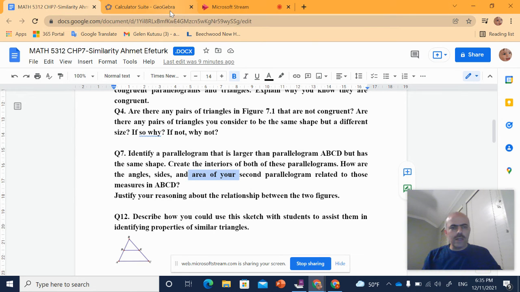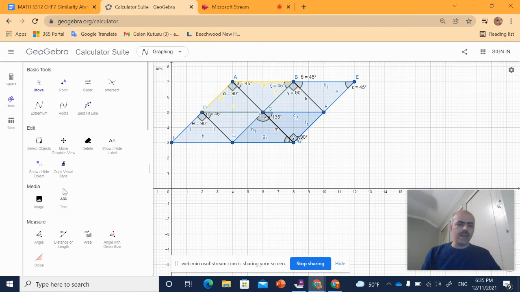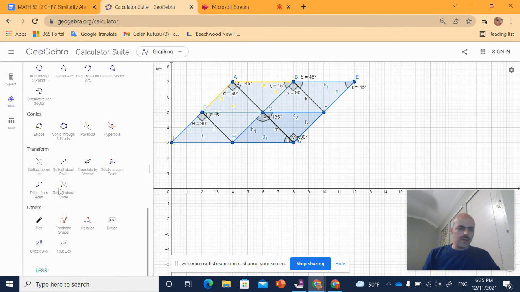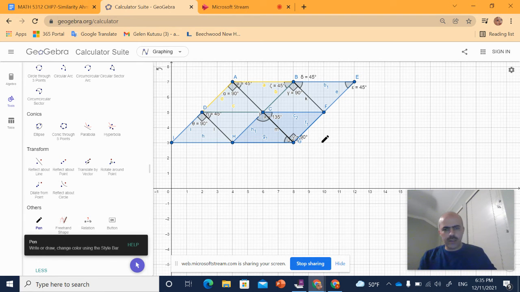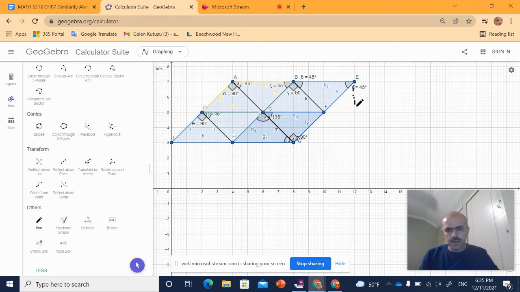Since the area is the multiplication of length and width, let's suppose from here it is h, the height of the small parallelograms, either ABCD or BEFC.